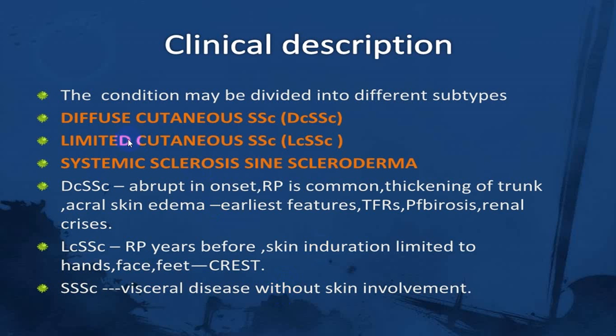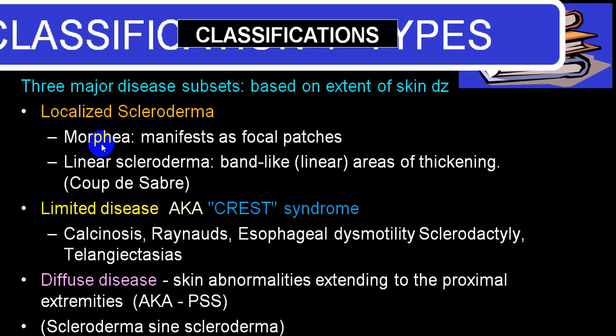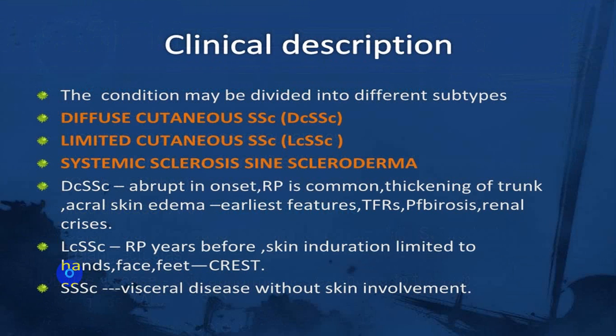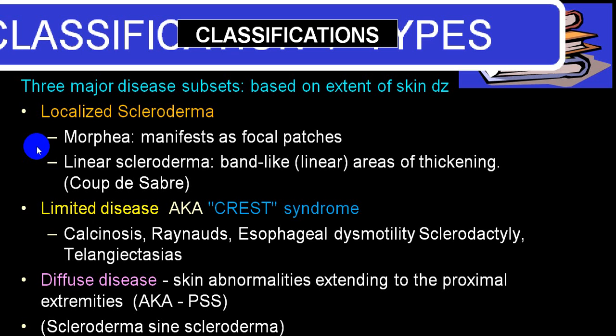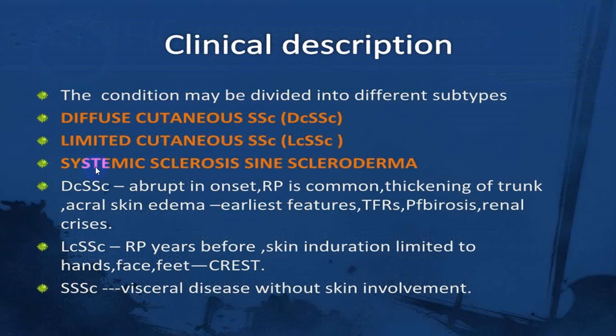So you get a diffuse variety, limited variety, and localized variety. In limited variety you can have CREST syndrome and you can have localized scleroderma. And in systemic sclerosis, it is visceral involvement without skin involvement.